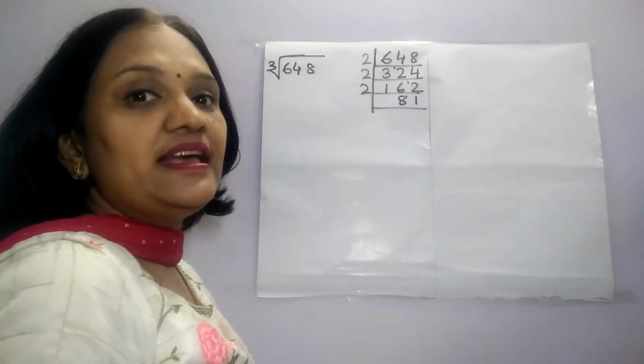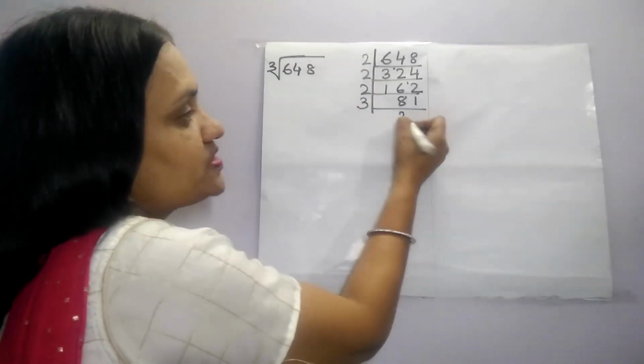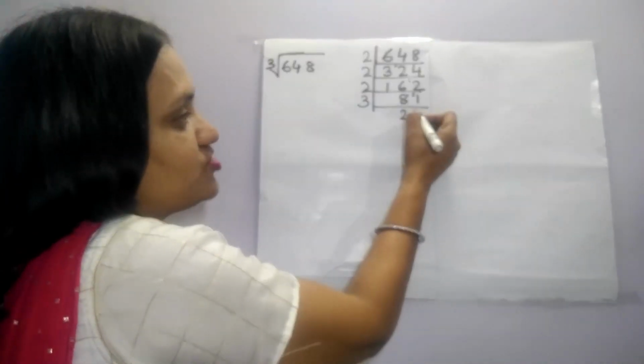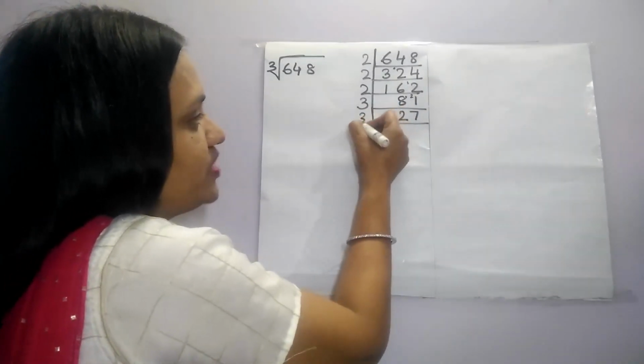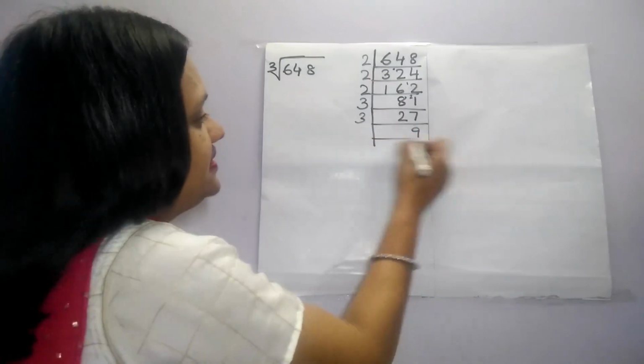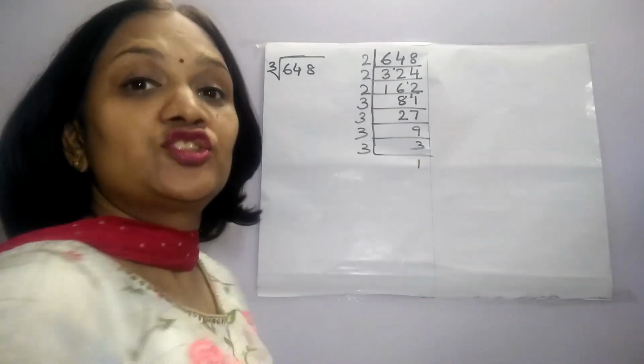Now this 81 is divisible by 3. 3 twos are 6 and 3 sevens are 21. 3 nines are 27, 3 threes are 9 and 3 ones are 3.